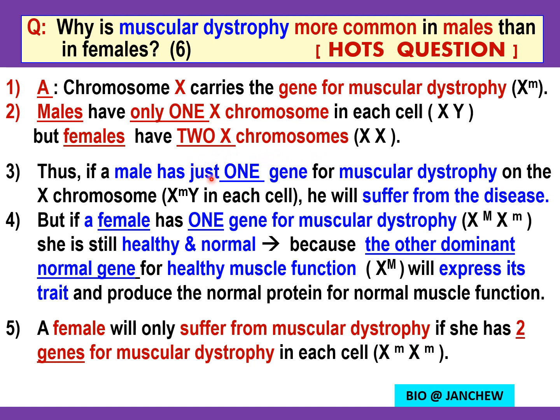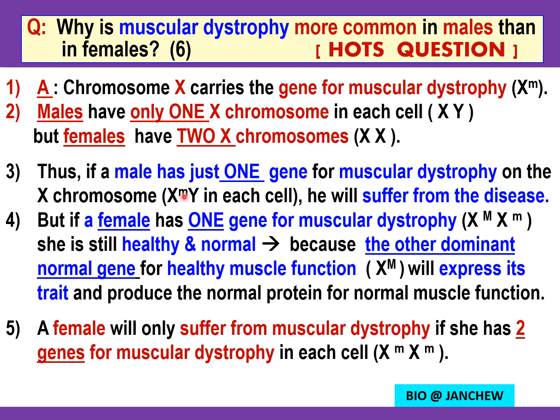Thus, if a male has just one gene for muscular dystrophy on the X chromosome, symbolized by X small m in each cell, he will suffer from the disease, correct? Because his only X chromosome has the gene for muscular dystrophy, and this means that he has the wrong code.